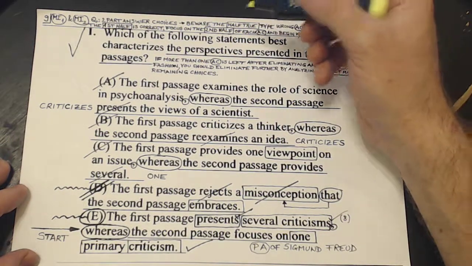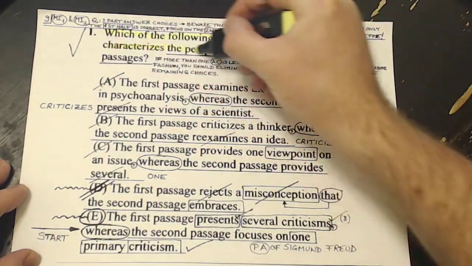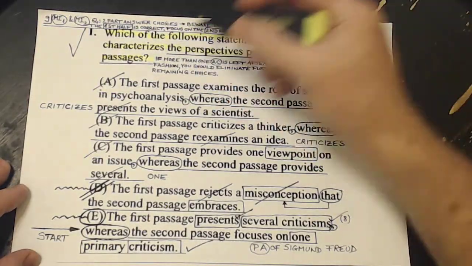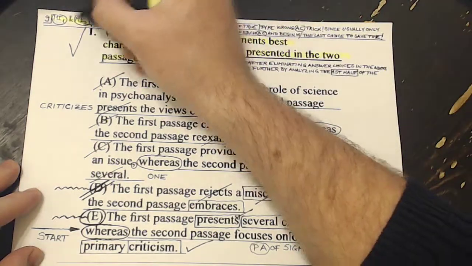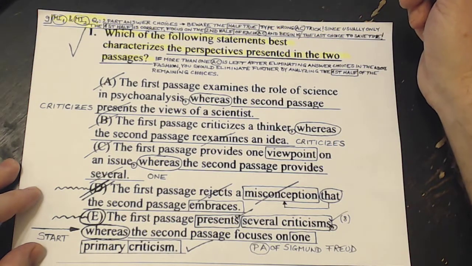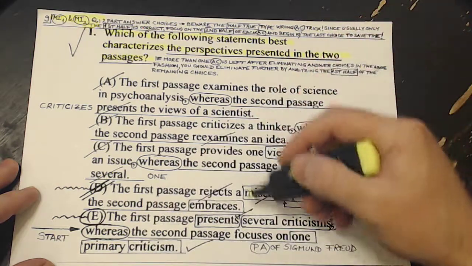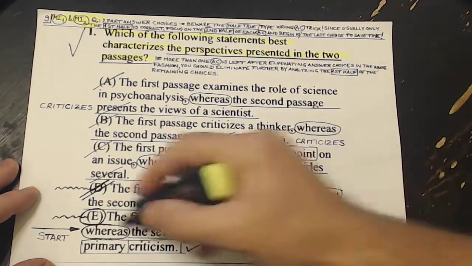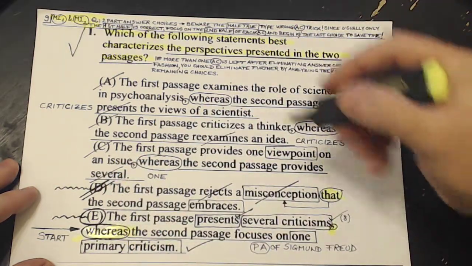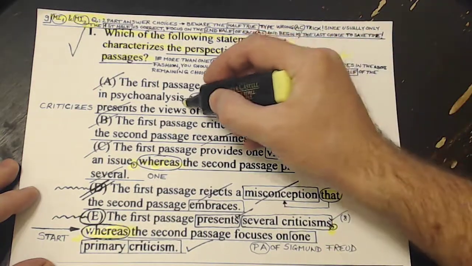So here's the question. It says, which of the following statements best characterizes the perspectives presented in the two passages? So the perspectives presented in the two passages are main idea 1 and main idea 2 together. As I look further into these choices, starting with the last, I notice the following. I have comma, whereas, comma, whereas, comma, whereas.